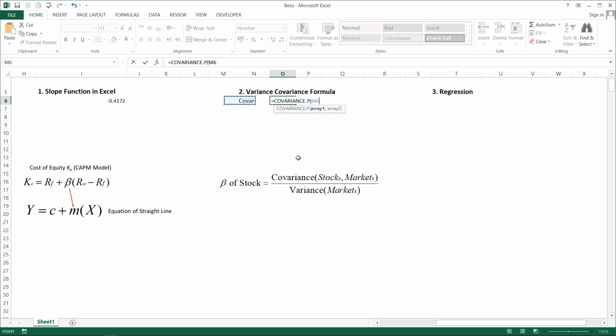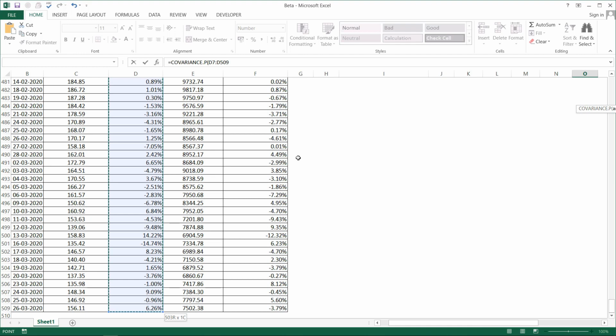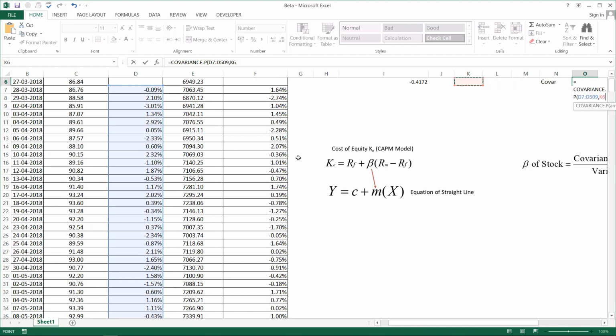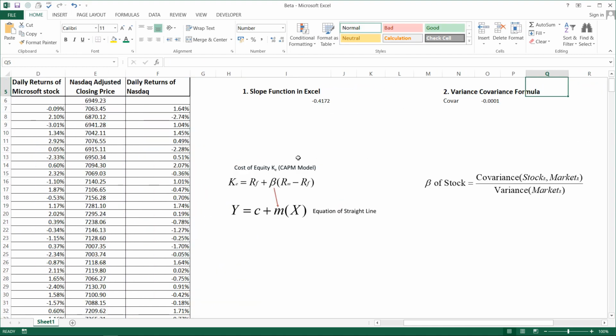We can select either the stock returns or the market returns as array 1, and the other as array 2, to calculate the covariance between stock returns and market returns.